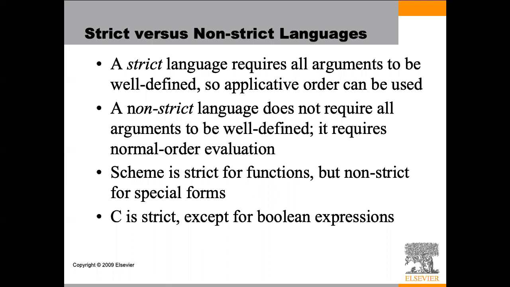For example, C, C++, and Java all use conditional and conditional or. A non-strict language does not require all arguments to be well defined and will do some normal order evaluation. So they say C is strict except for the Boolean expressions.